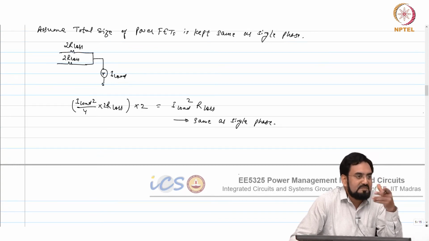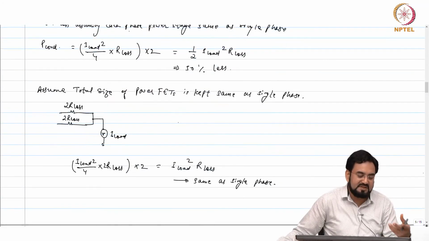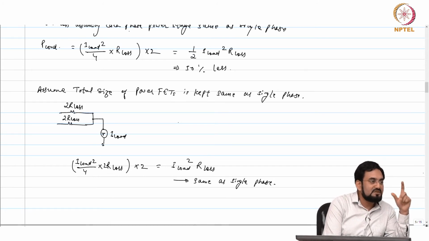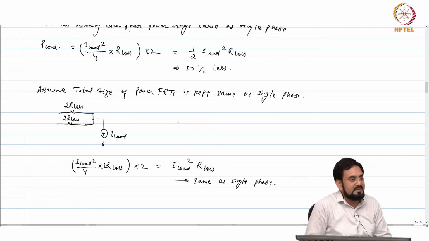So you can achieve the same ripple with a smaller cap. Okay, but now let's say I want to do the same thing for the boost. You know, current is boosted there. So your inductor current is I load over 1 minus D. Let's say I am operating at 50% duty cycle.